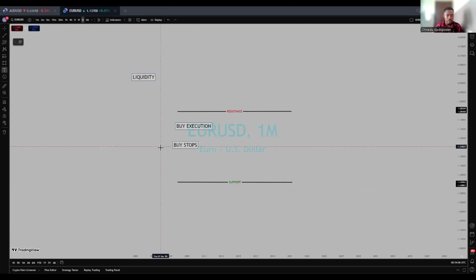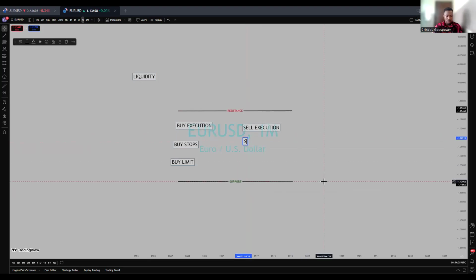We also have buy limits. At this point, we also have sell execution. We also have sell stops, and we also have sell limits.